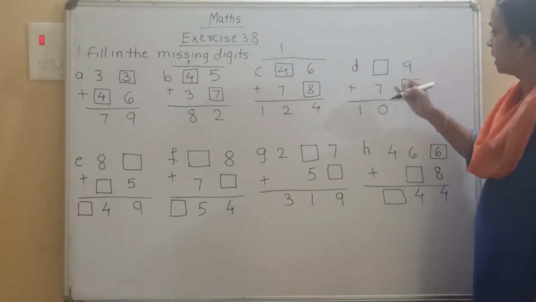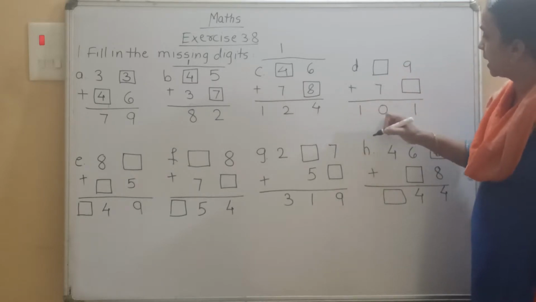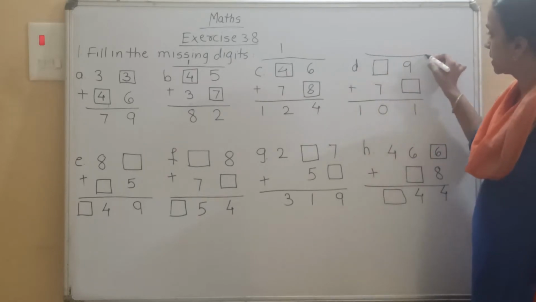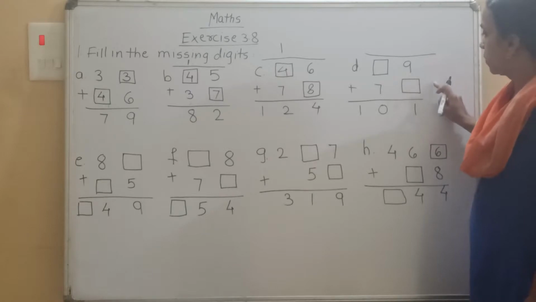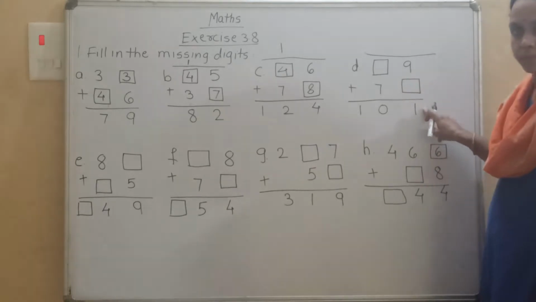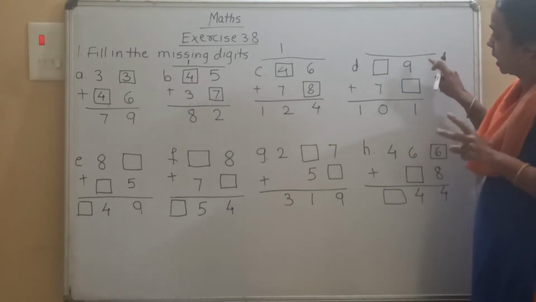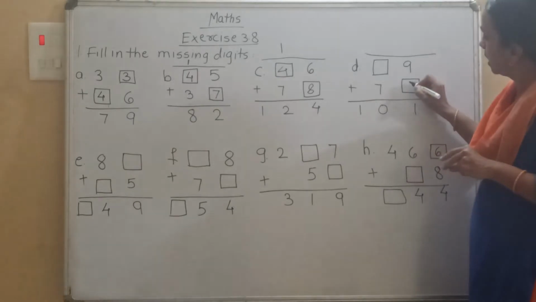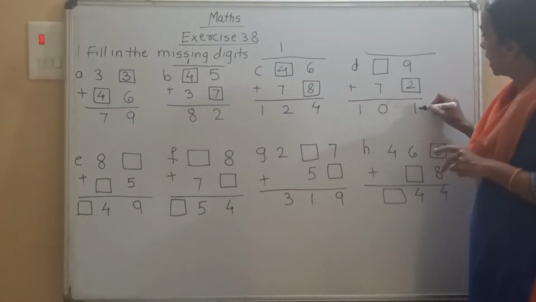Empty box 9 plus 7 empty box. So this is also a 3-digit answer. Definitely this is a carry sum. Okay. So to 9, which number do we have to add to get answer 11? So 9, 10, 11, 2. Okay. So suppose we add 2 here. 9 plus 2, 11.